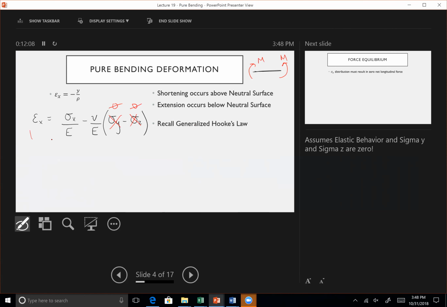So we're just going to use the simplified version. So what that says is that the stress in the x direction is the strain times E, which is equal to negative yE over rho.